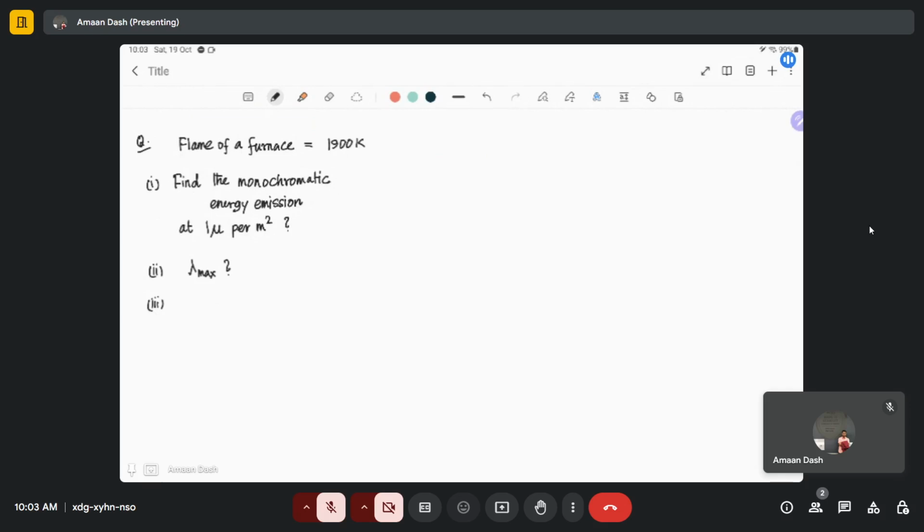Then you have to find the monochromatic energy emission at lambda max and at 1900 Kelvin.